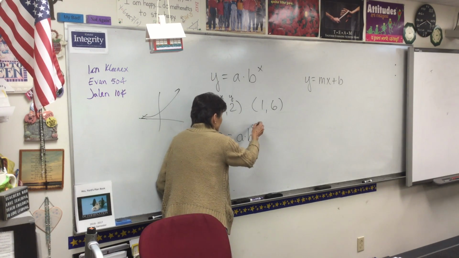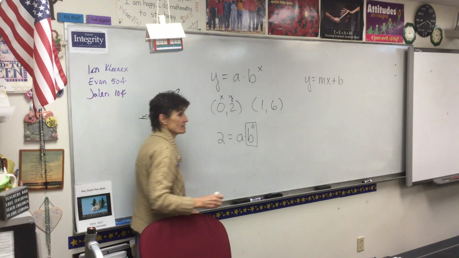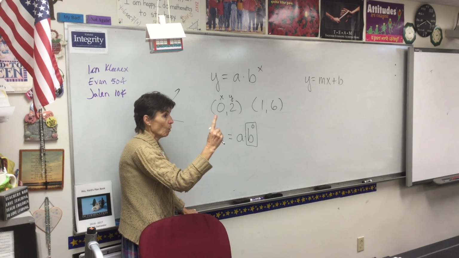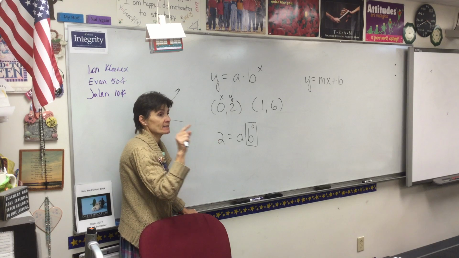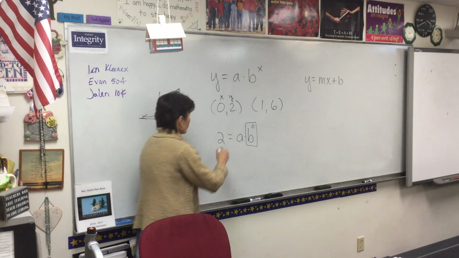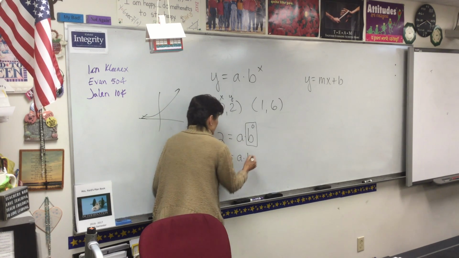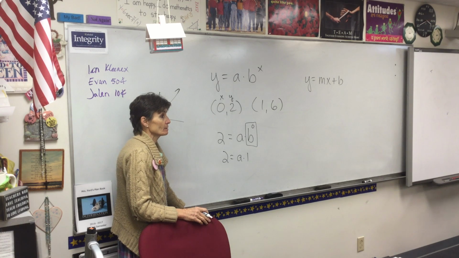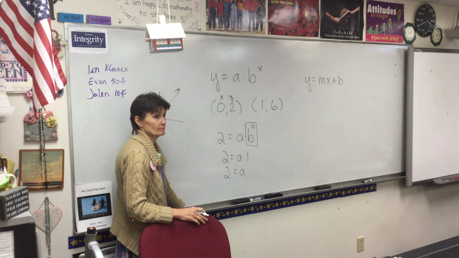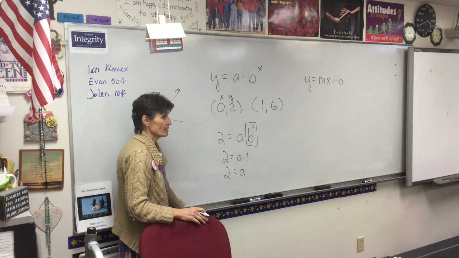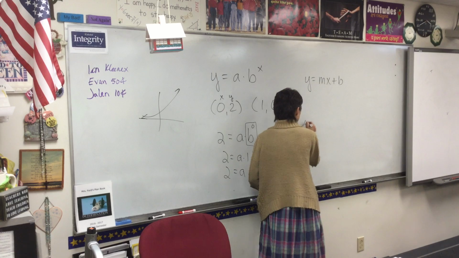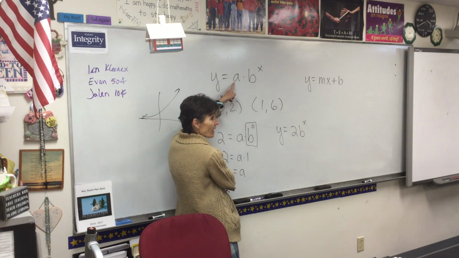Now, who can tell me what b to the 0 is? 1. Anything to the 0 power is 1. If you don't already know that, know it. So what this really says is 2 equals a times 1, which means 2 equals a. So now my equation looks like y equals 2 times b to the x, because I just figured out a was 2.